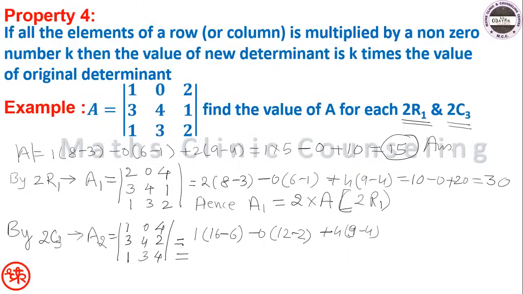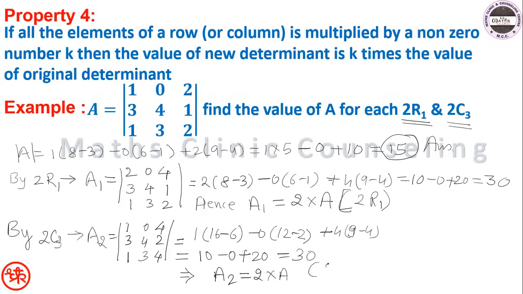So finally it is equal to how much? 16 minus 6 is 10, 10 into 1 is 10. 12 minus 2 is 10, 10 into 0 is 0. Plus 9 minus 4 is 5, 5 into 4 is 20, plus 20. So what is the final answer? 30. This implies that A2 is equal to 2 times A.